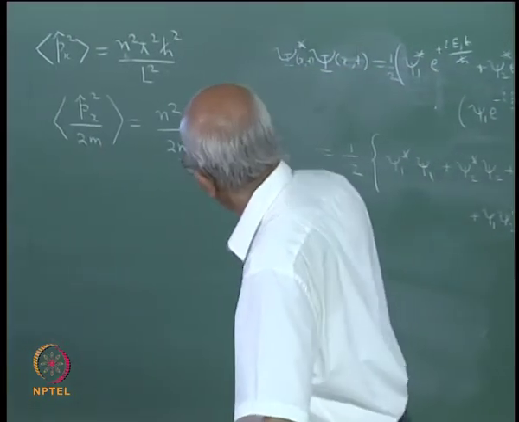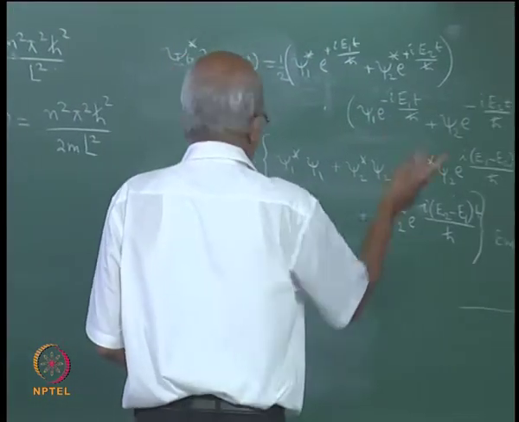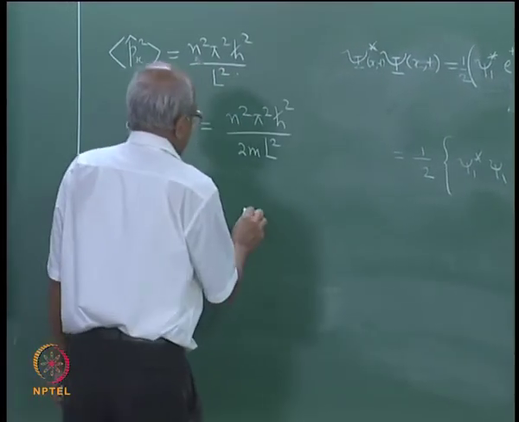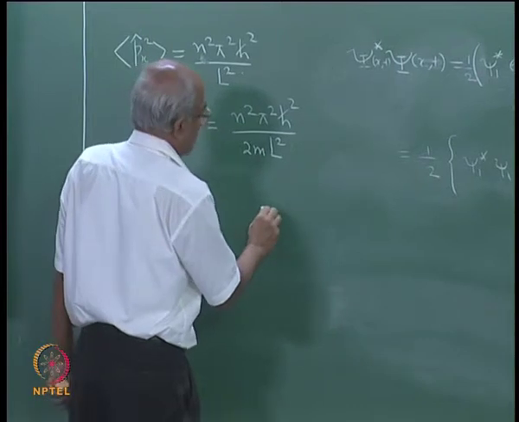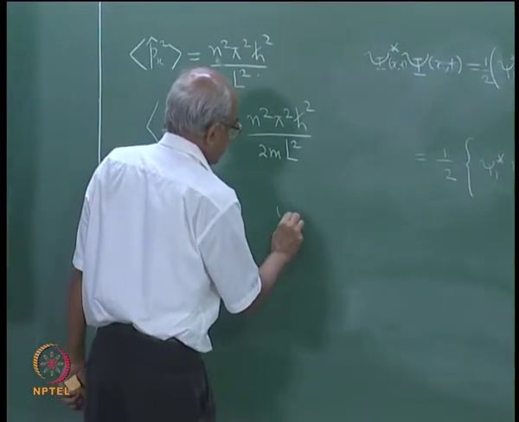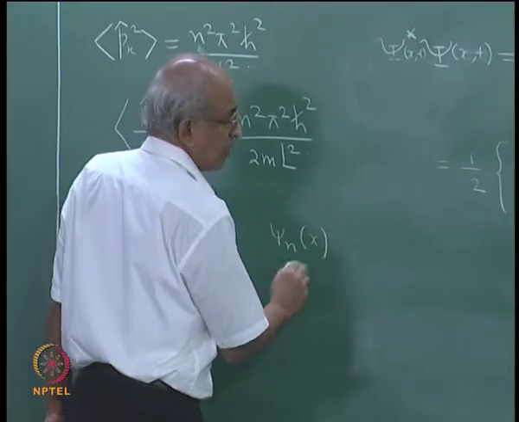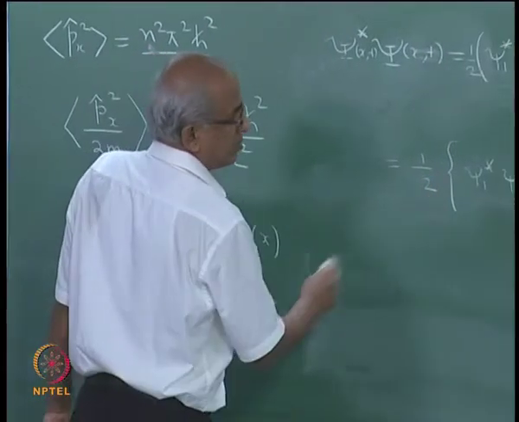Okay. There are one or two more things that I would like to tell you. If you look at the wave functions for the stationary states, they have this form.